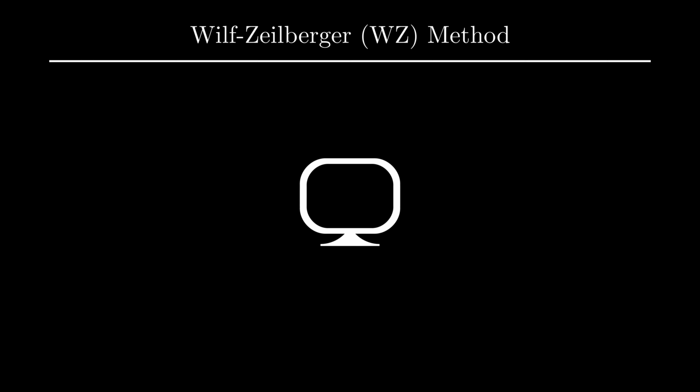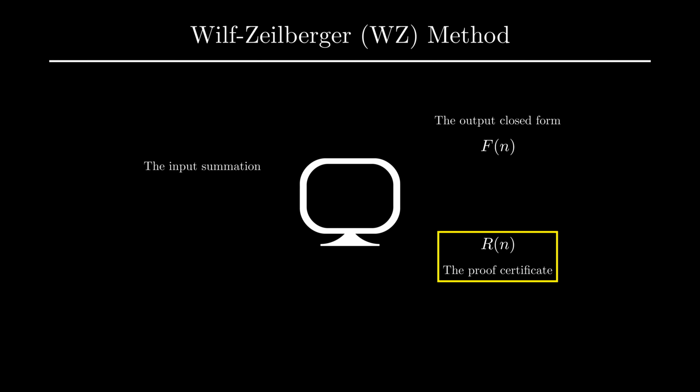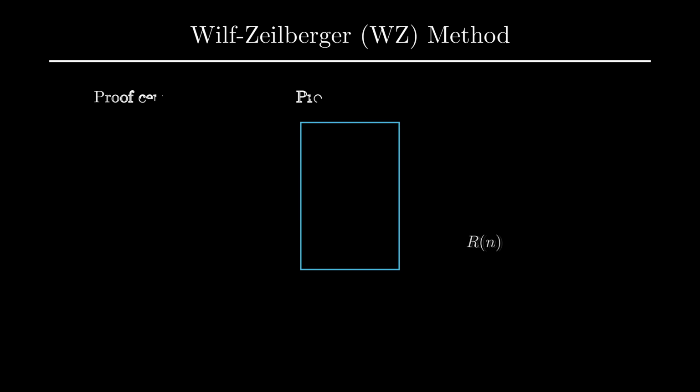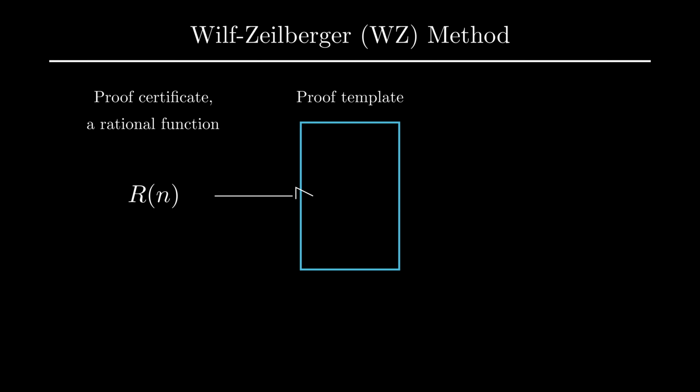The WZ method provides such a way. As the computer is finding solutions to these identities, it can also produce a proof certificate, which in this case is a rational function. The proof certificate is simply substituted into a proof template, which, if successful, verifies that the proof was valid.